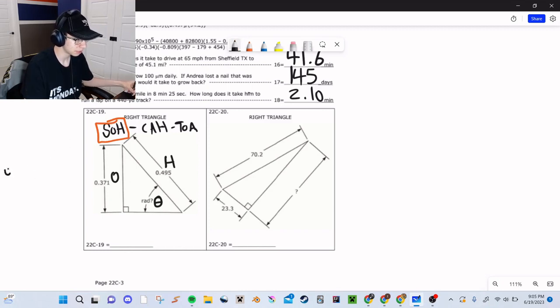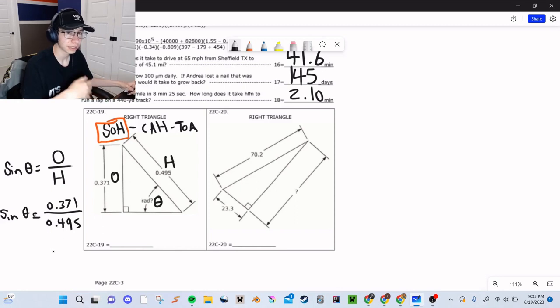It states that the sine of theta is equal to the opposite over the hypotenuse. So sine theta is equal to our opposite side measure, which is 0.371 over 0.495. And so how can I get my theta? We're going to do an operation here. Let me just write this down.